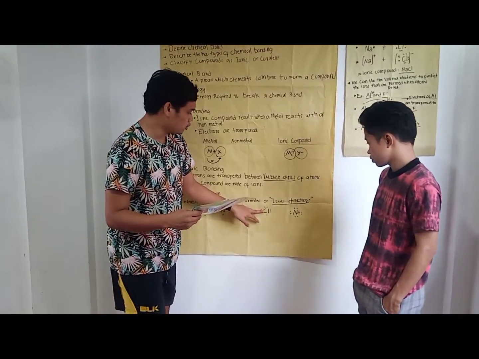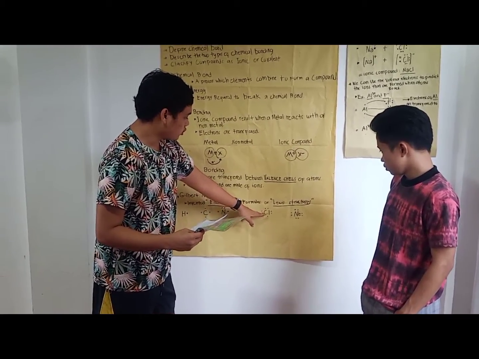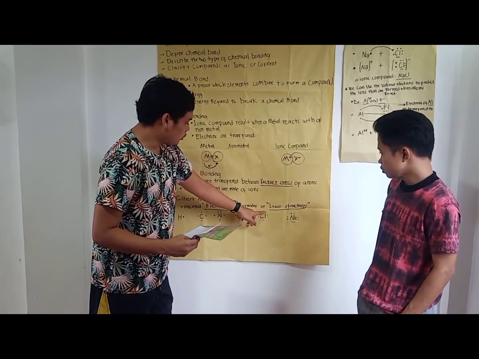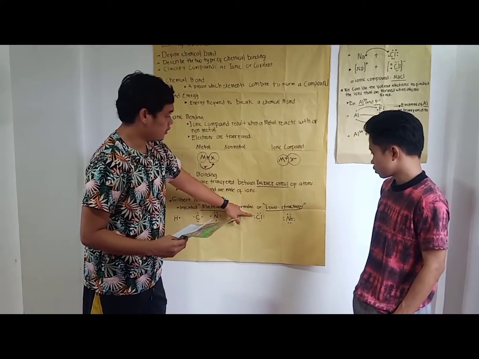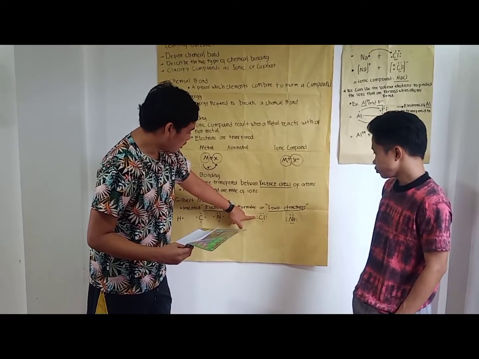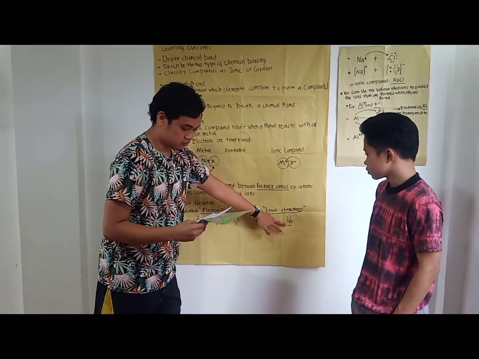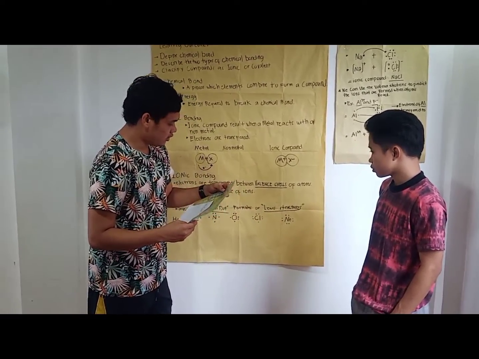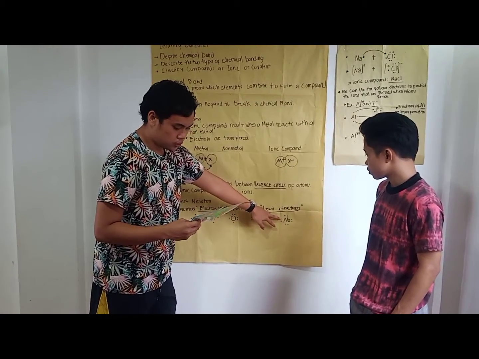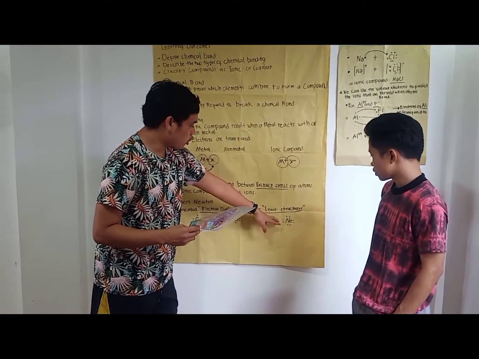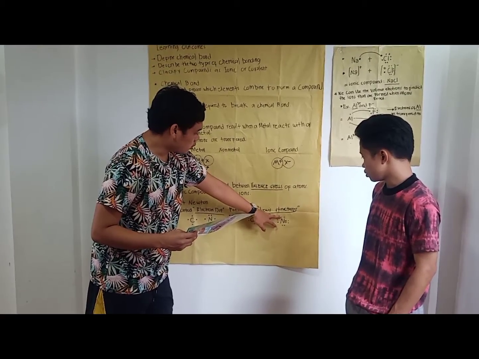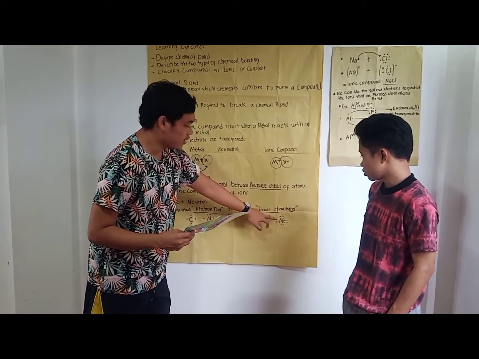Chlorine belongs to group 7, so it has 7 dots. And the last is Ne, neon, which has 8 dots.